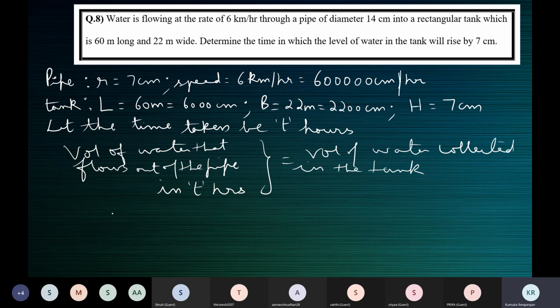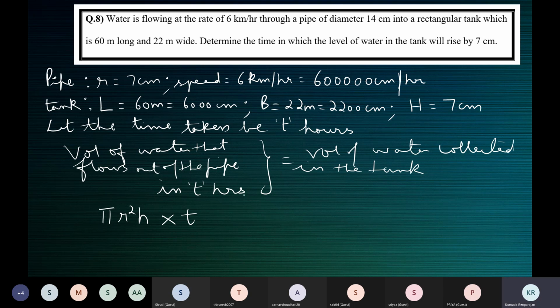The volume of water that flows out of the pipe, it's a cylindrical pipe, so pi r square h. This much comes out per hour because the height is per hour, right? 6 kilometers per hour. If it is left open for T hours, then into T. The height of the water is given per hour, 6 followed by 5 zeros centimeters, that height of water is discharged in 1 hour.